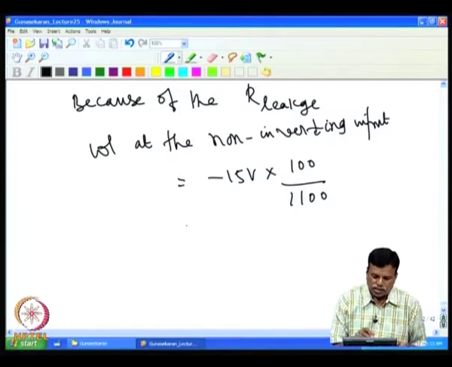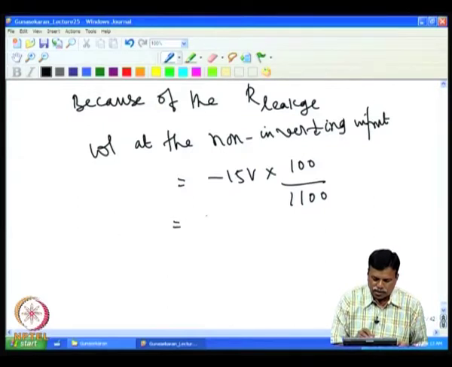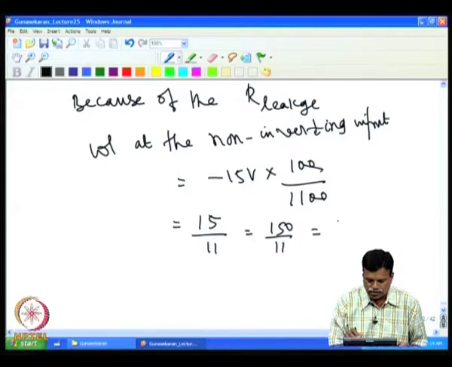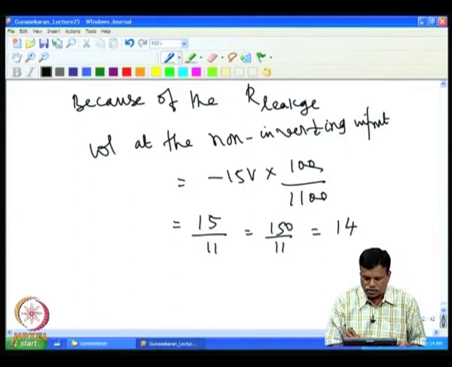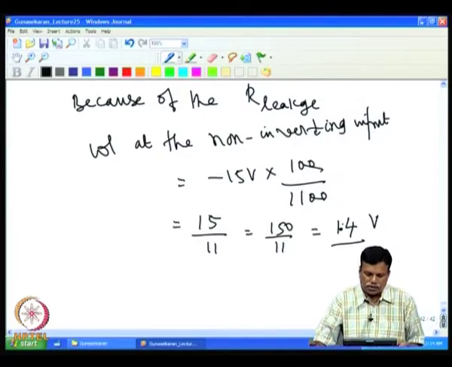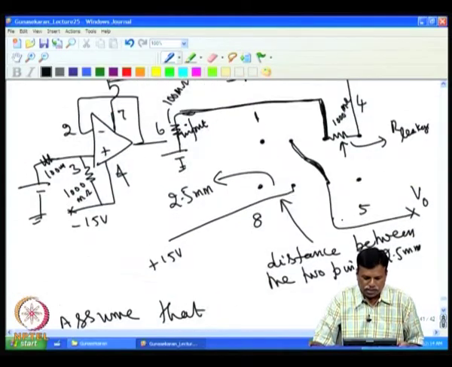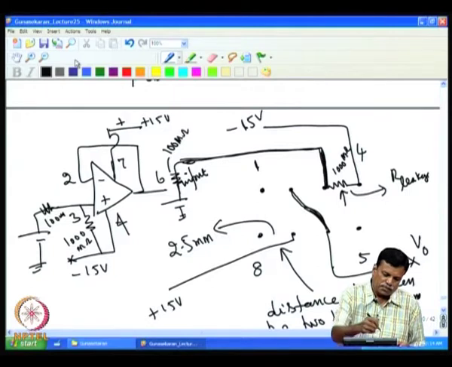So, you get this, and that actually comes to 15 volt divided by a factor of 11, that is 1 by 11. So, you will have 1.4 volt nearly. So, roughly 1.4 volt error voltage appears at the input due to the leakage resistance.